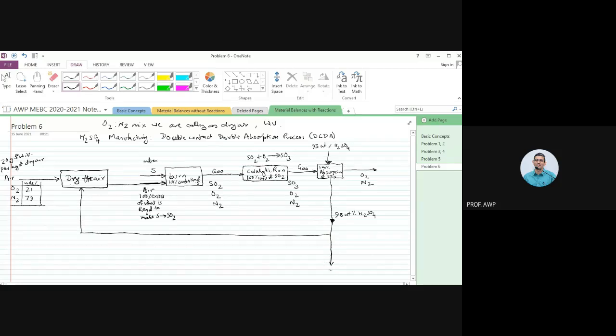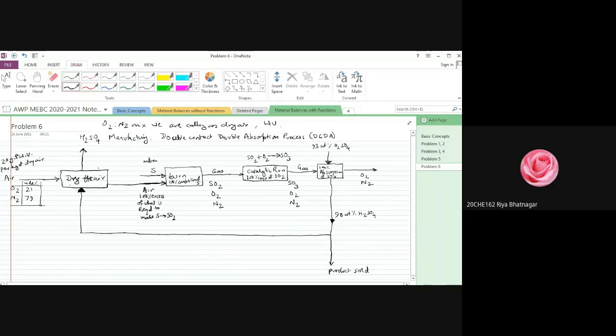So this is the product sold, our 98% by weight sulfuric acid. The 98% by weight sulfuric acid will absorb water vapor from air. It will become diluted sulfuric acid. Do you see any use of the diluted sulfuric acid?